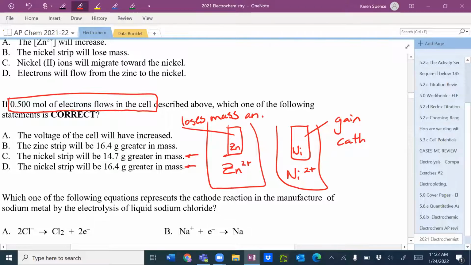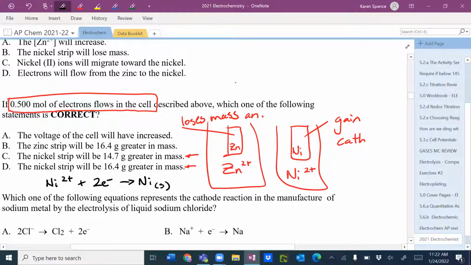And now we're going to look at the half reaction for nickel. So we have nickel 2+ plus 2 electrons goes to nickel solid. So there are 2 electrons for every 1 nickel.